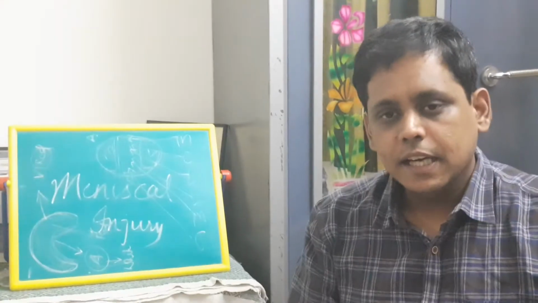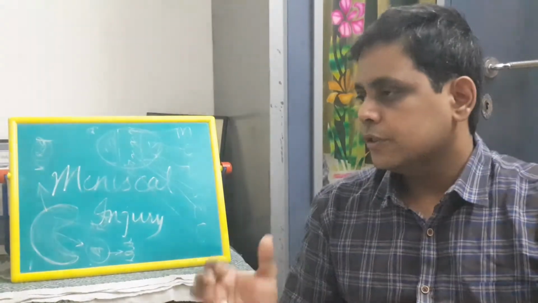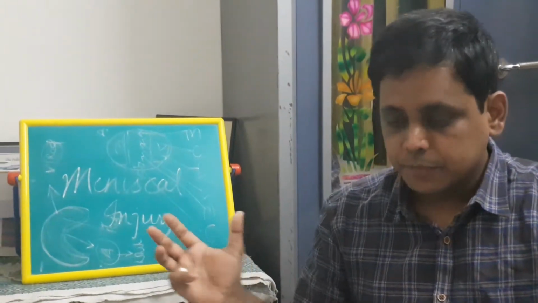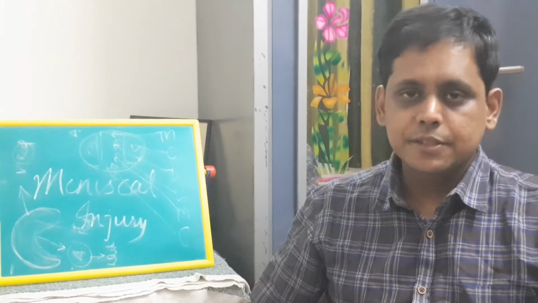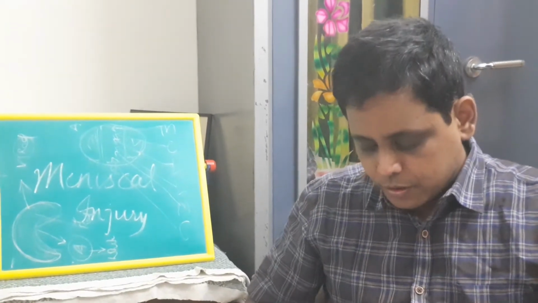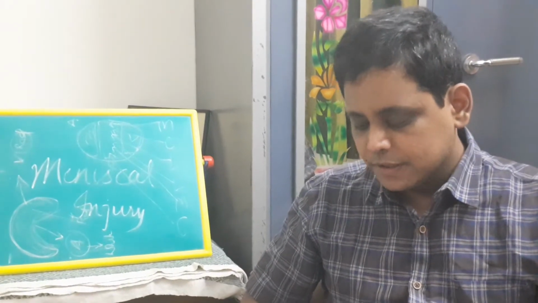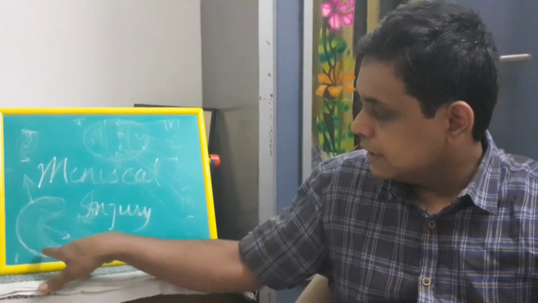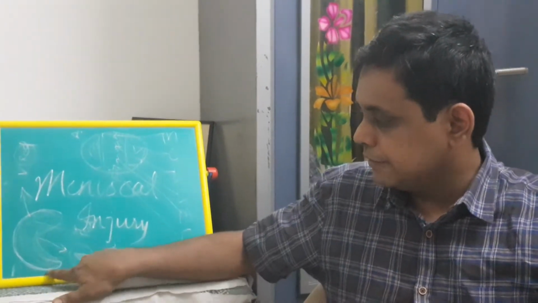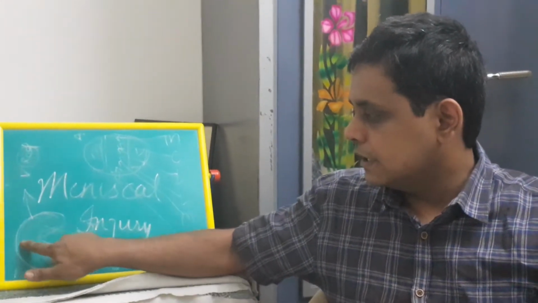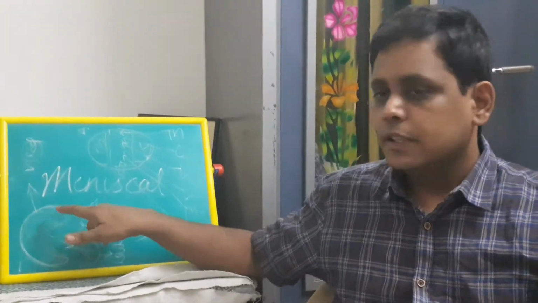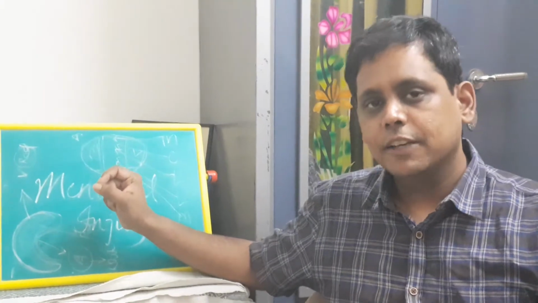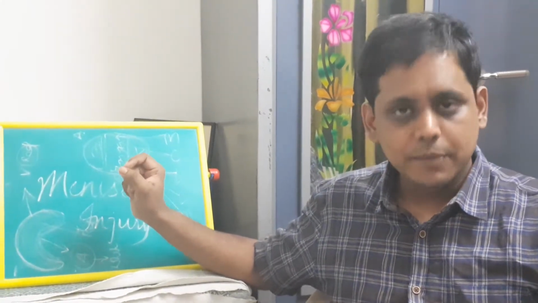The importance of this comes when you decide upon the management. Any meniscal tear in a young patient, you should manage operatively. Whenever there is a torn meniscus involving the red zone or the periphery, or the red-white zone, the middle portion, because it's vascular, you can do a meniscal repair.